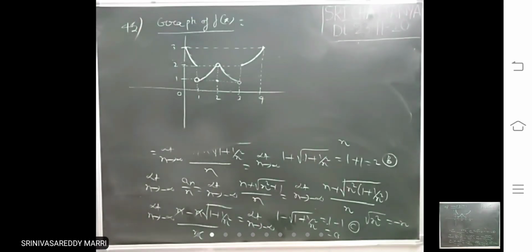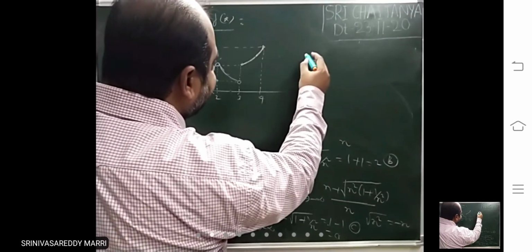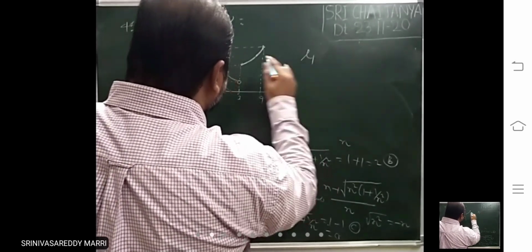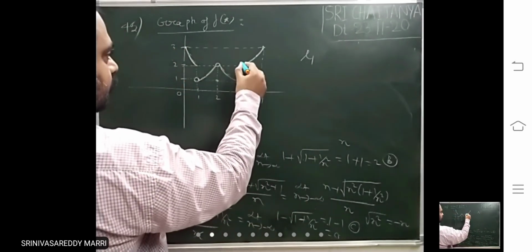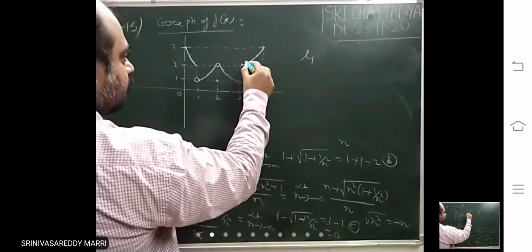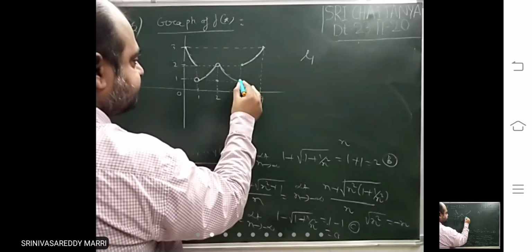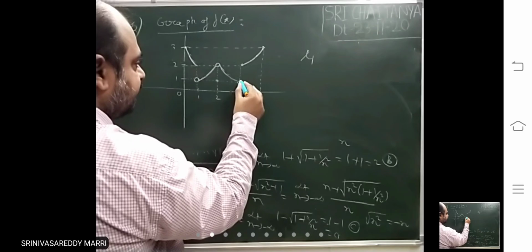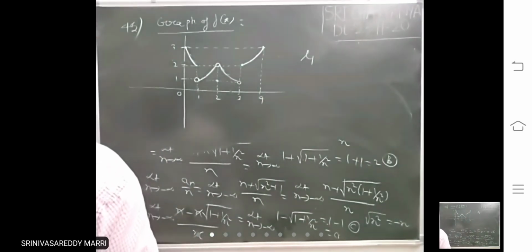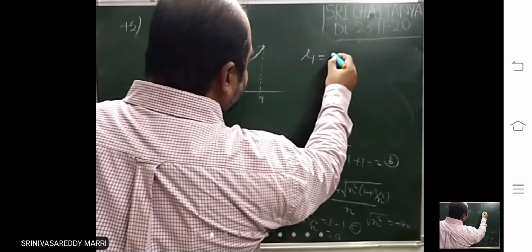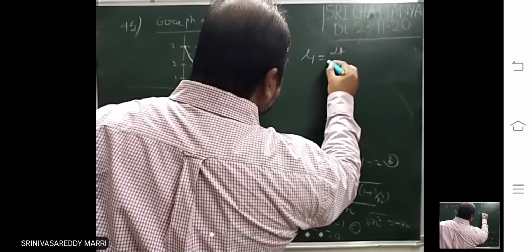Now he is asking, the graph is given like this, L1. A white circle means there is no graph over there. So L1 is nothing but our known limit, this one. Look, how do you analyze this one?